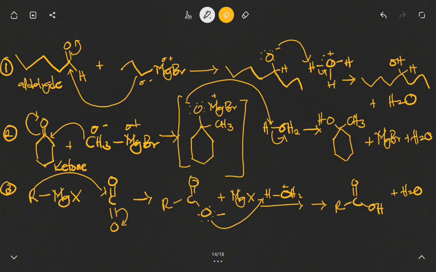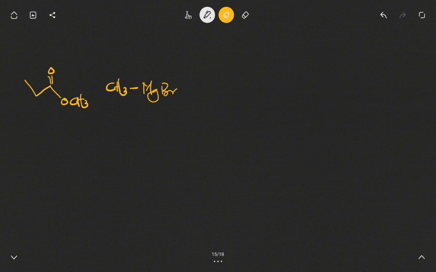Now, how does it react with esters? Remember, I mentioned that it doesn't only react with aldehydes and ketones, but it can also react with esters, nitriles, and even epoxides. Okay, so let this be your ester. So we have methyl ethanoate, CH3, and the Grignard reagent, a methyl group attached to magnesium bromide.